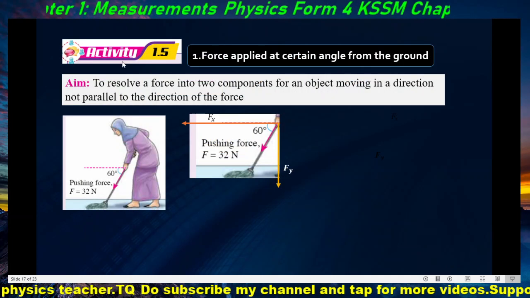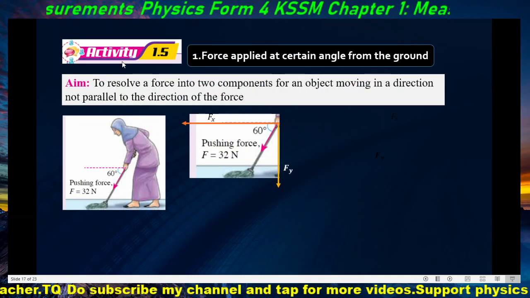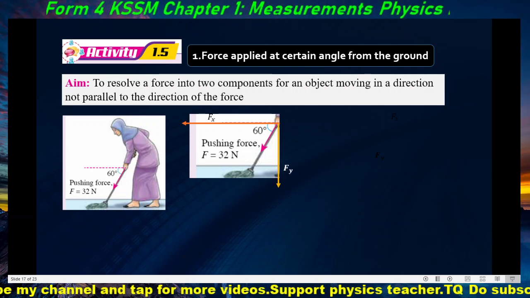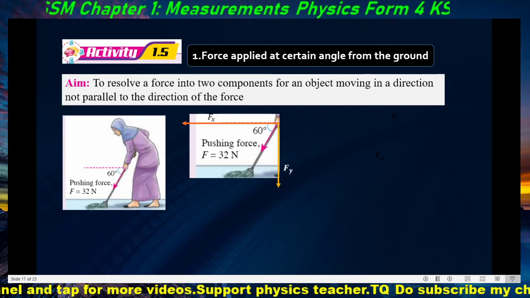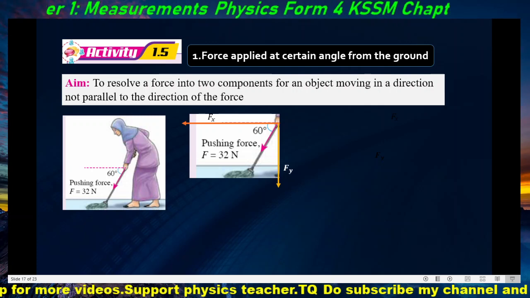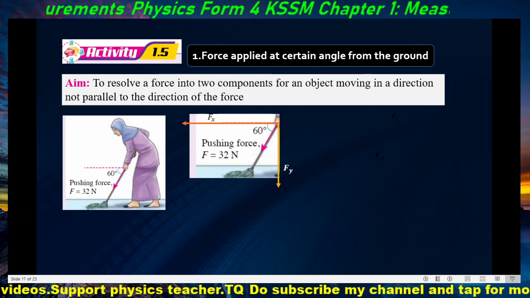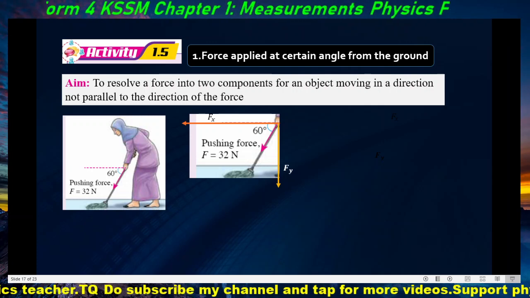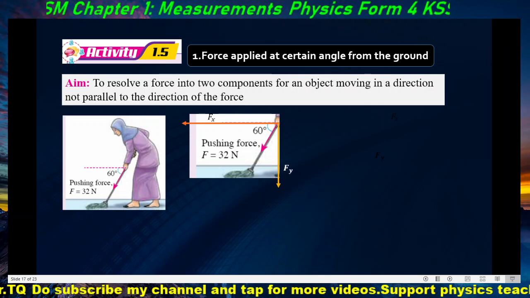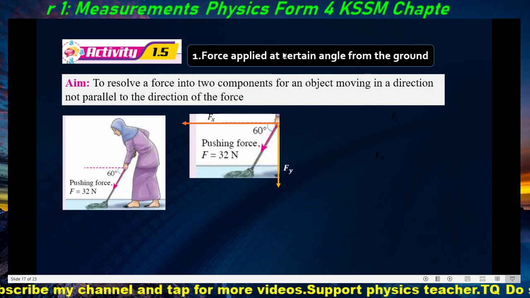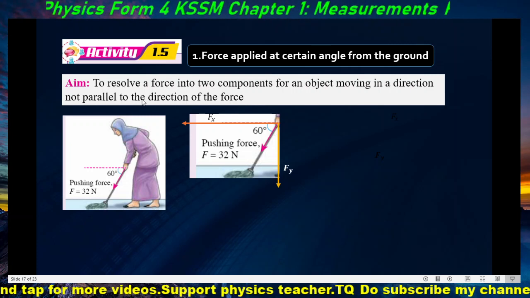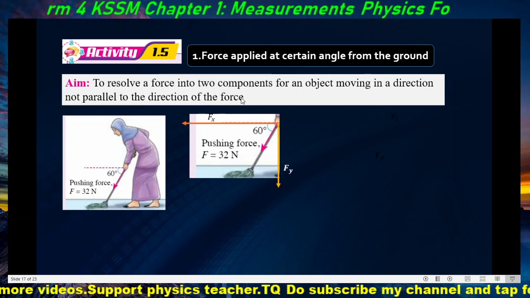Okay, let's discuss situations involving resolution of forces. You can refer to this in your textbook, activity 1.5. The first situation is force applied at a certain angle from the ground or from the horizontal line. The aim is to resolve a force into two components for an object moving in a direction not parallel to the direction of the force.